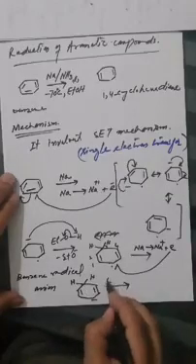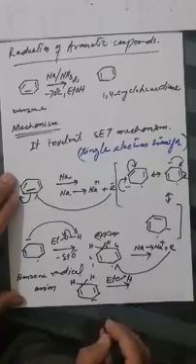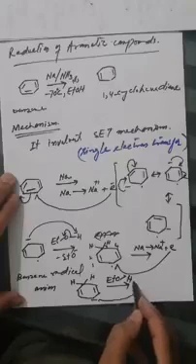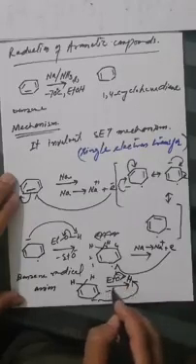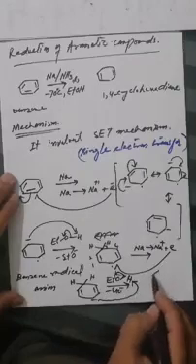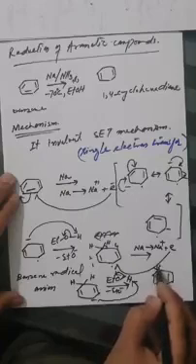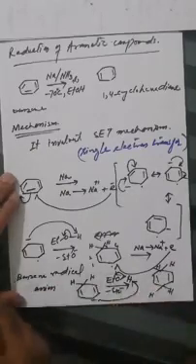What happens next? This negatively charged carbon acts as a nucleophile and abstracts this hydrogen, ethoxide leaves, and you get cyclohexadiene. The mechanism is very simple.